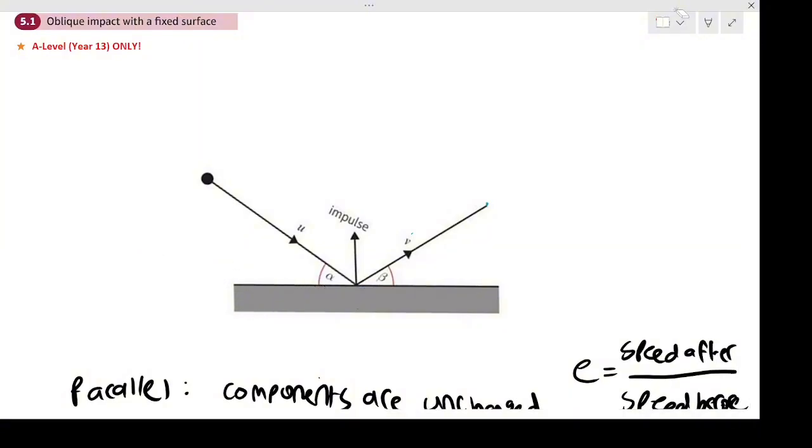What we can also look at is impulse, okay? So you can see impulse is included here. Now, again, impulse is always perpendicular to the surface. I'll make a note of it here.